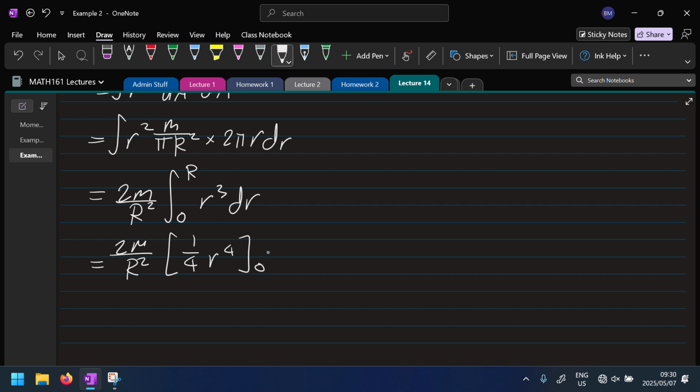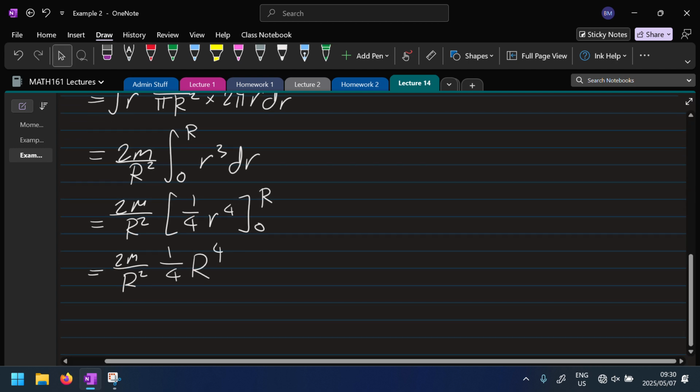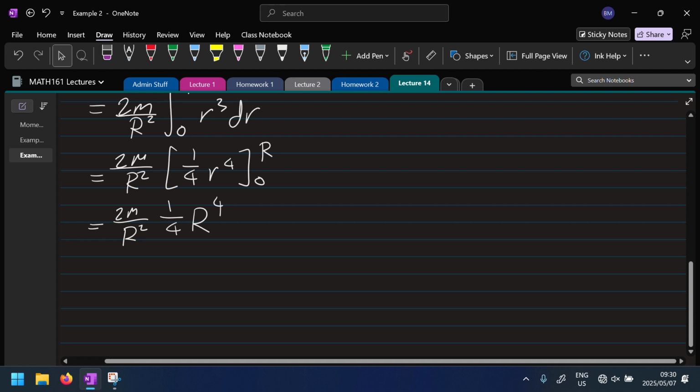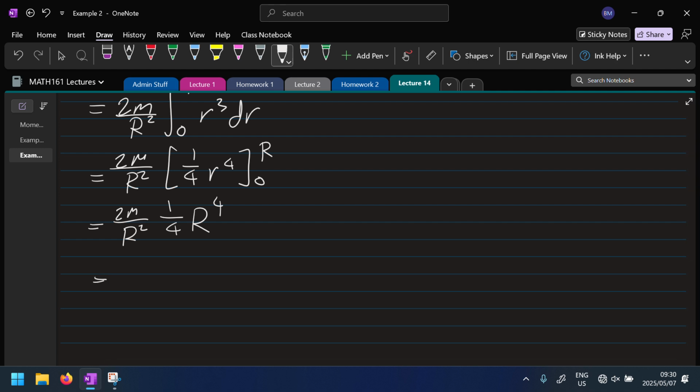Then we substitute 0 to R. So this will become 2m over R squared, 1 over 4 R to the 4. That's after substituting. Now, 2 over 4 is going to be a half. The m can go in front there. R to the 4 over R squared will just be R squared. And we're done. Pretty straightforward.